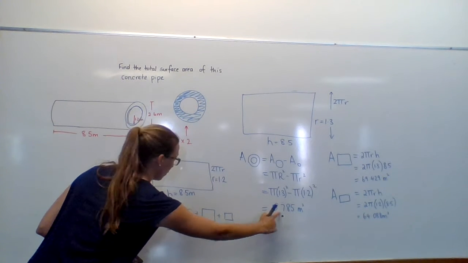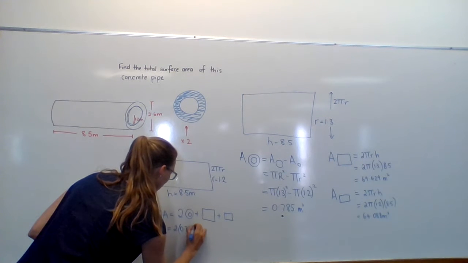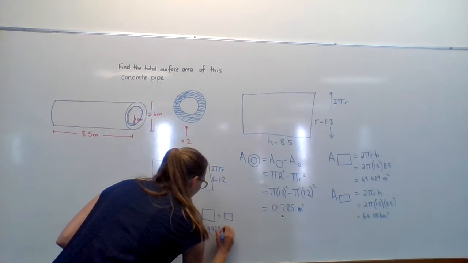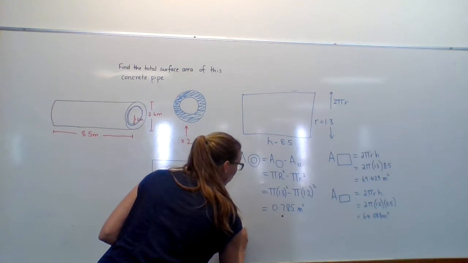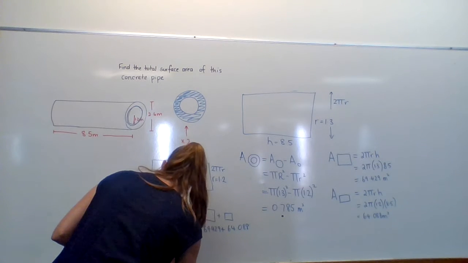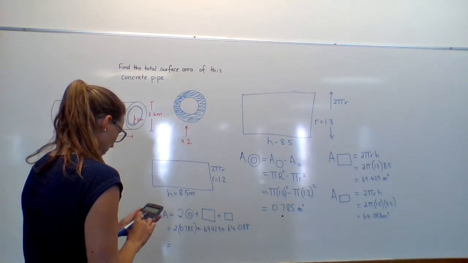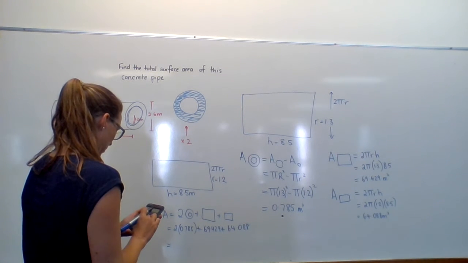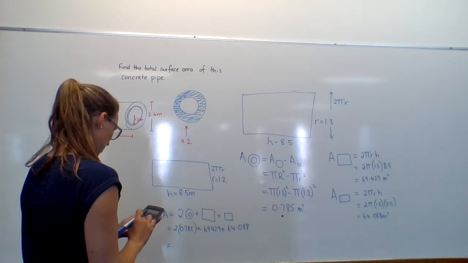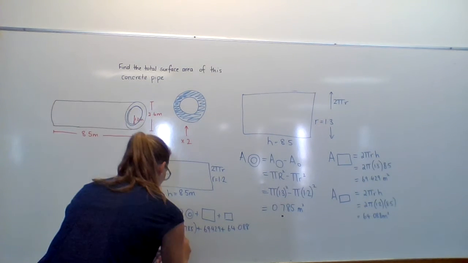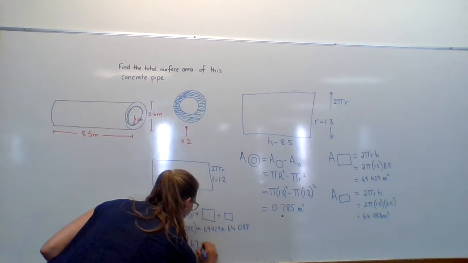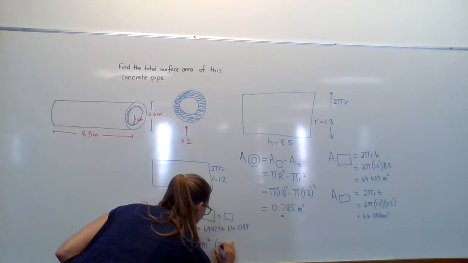So 2 lots of 0.785 plus 69.429 plus 64.088, which is 133.67, rounded to 2 decimal places, square meters.